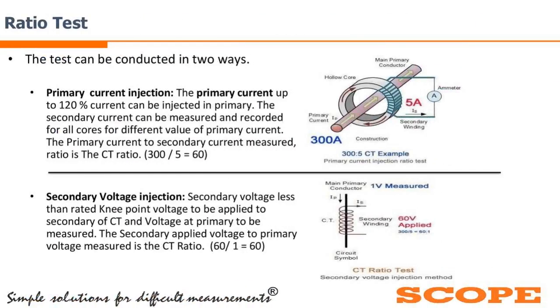After that, ratio test. There are 2 ways we can conduct ratio test. The first one is by current method and the second one is by voltage method.